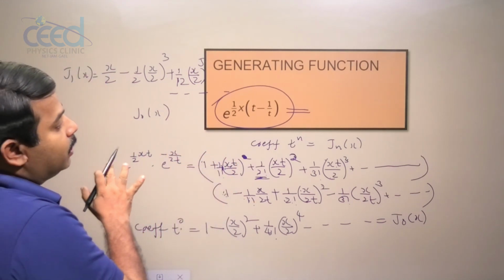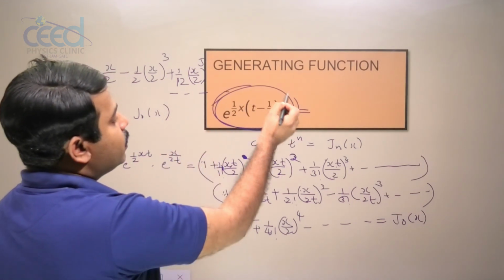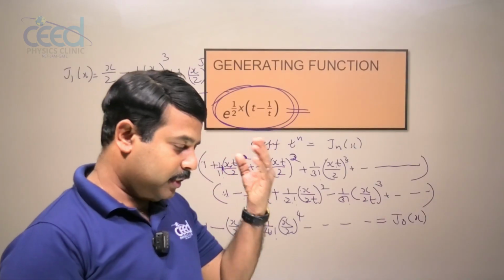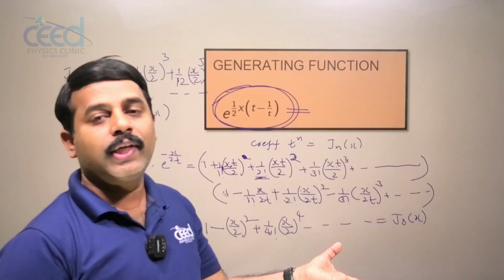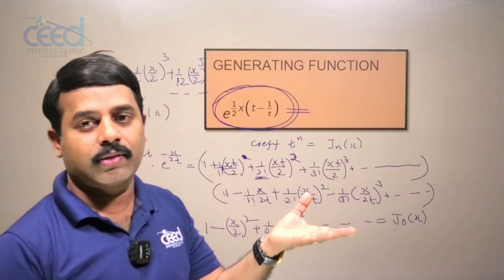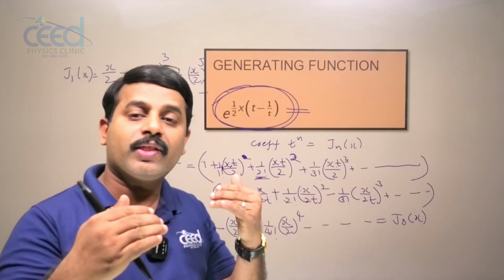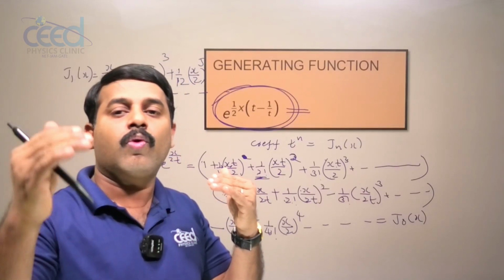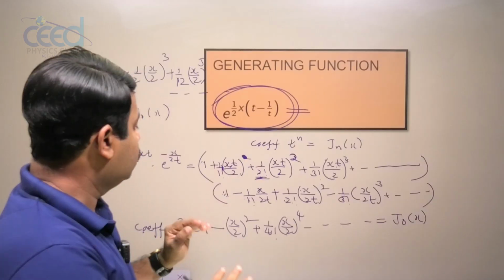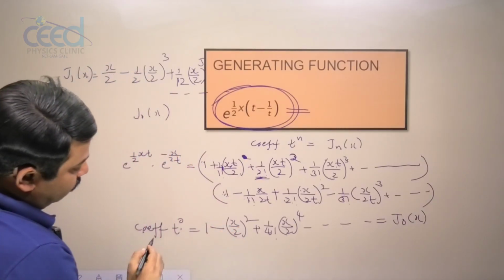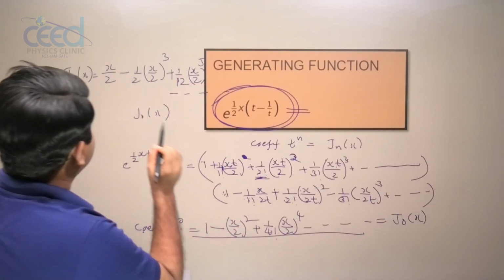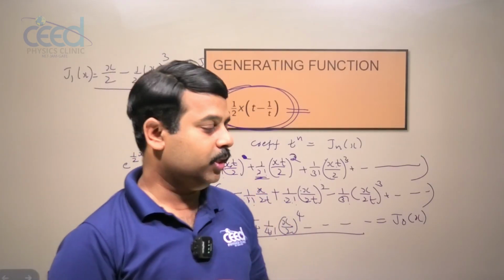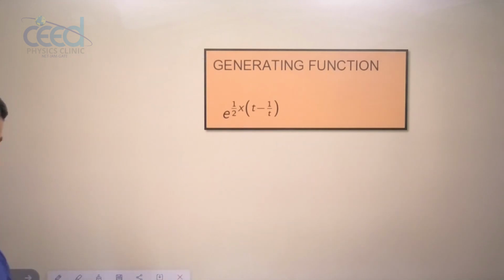So, here the expansion of this exponential term, then you take the coefficient of t raised to n, you get Jn of x. If you need J0 of x, it means the coefficient of t raised to 0. If you need J1 of x, it means the coefficient of t raised to 1, right? So like that. This we already saw, this is J0 of x, this here is J1 of x, we already derived. Alright.